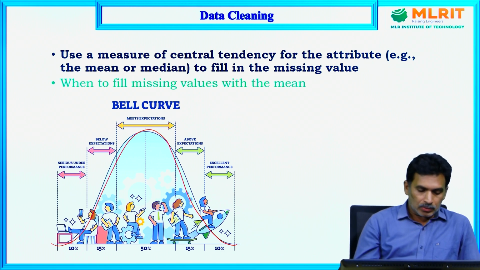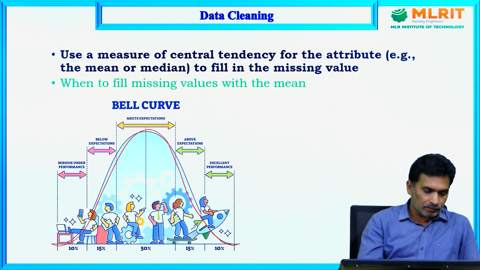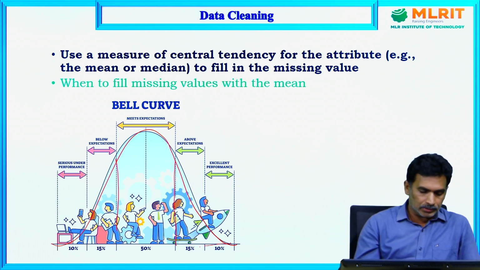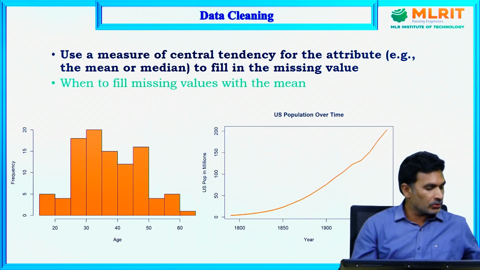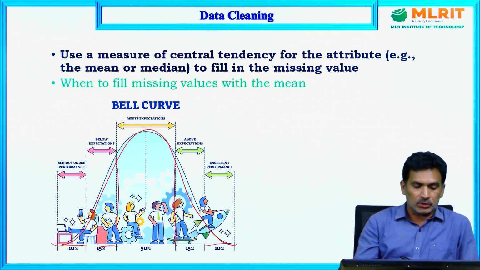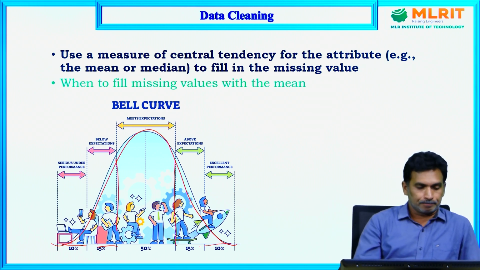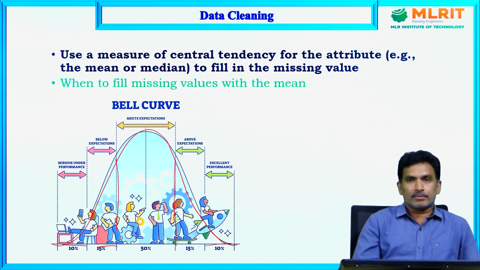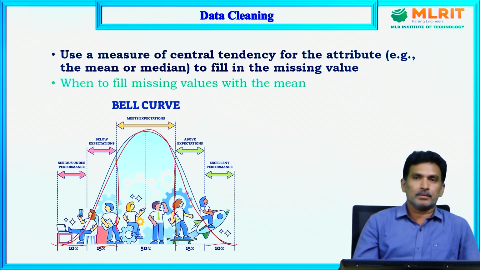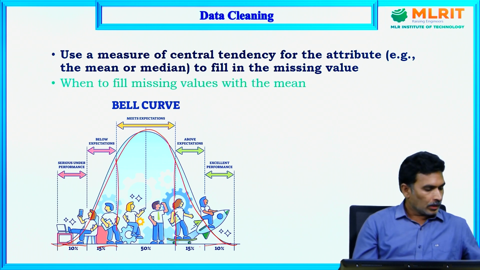Most of the data values are in the middle, then 15% and then 10%, similarly to the left also. Most natural data would follow a distribution like this, so we can say it's a normal distribution. If the data is following the normal distribution, it is always recommendable to use the mean or median to fill the missing data.